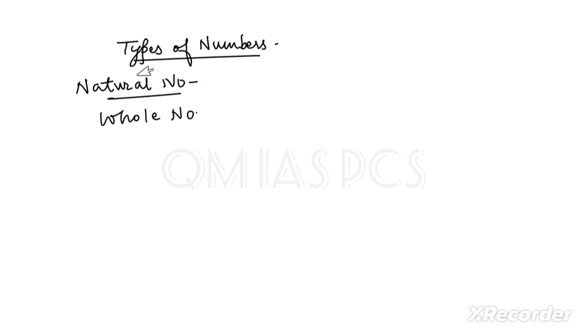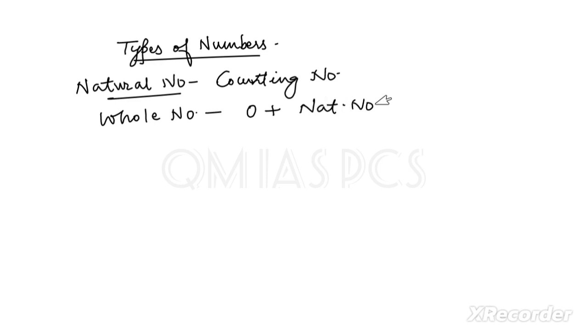Just study whatever I am teaching right now, and then I will show you the approach to practicing questions and how to initiate them. So what are natural numbers? Natural numbers are counting numbers. Then whole numbers means 0 plus natural numbers.